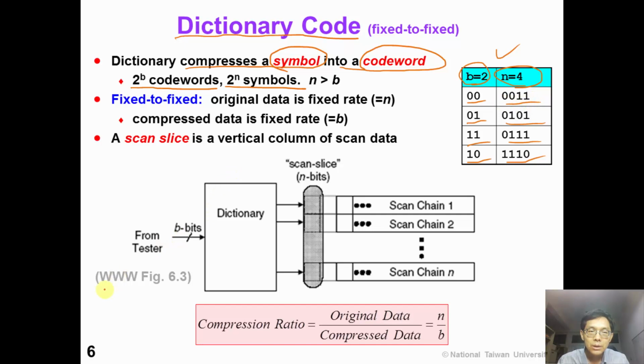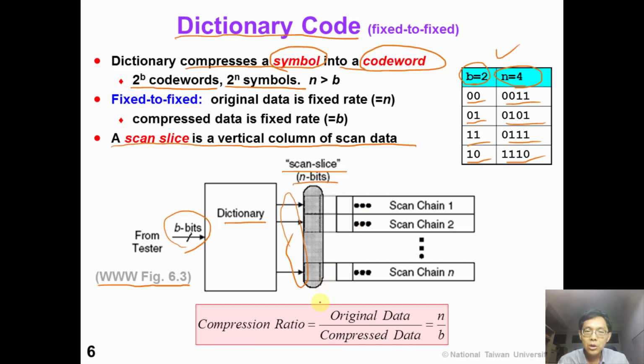As shown in figure 6.3 in our textbook, suppose we have B bits coming from the tester. After the dictionary, we will translate this into a scan slice of N bits, where a scan slice means a vertical column of scan chain input.